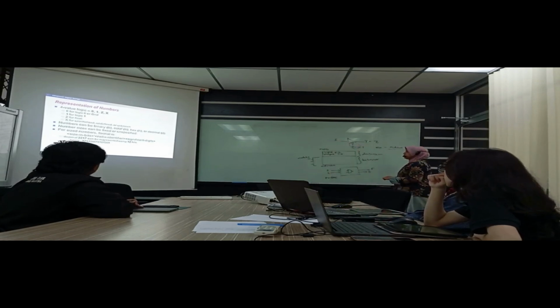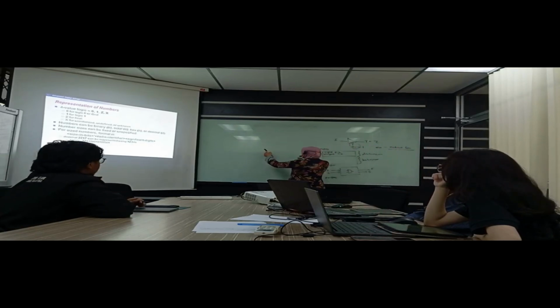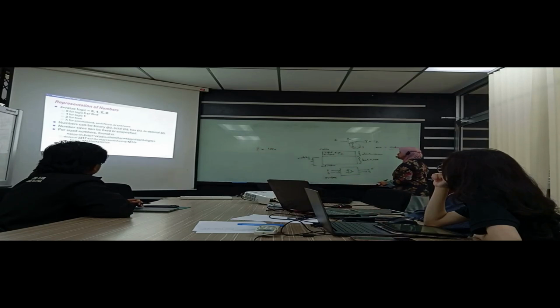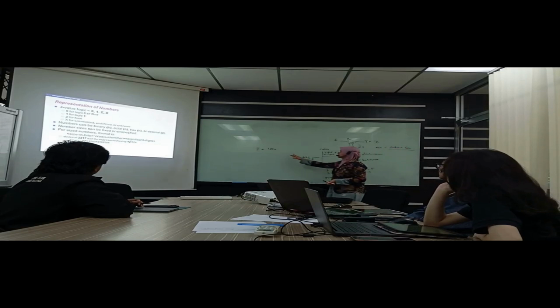Let's say I want to write a value for number I. Number I has the value 10 in decimal. How can I write the value of I in Verilog?